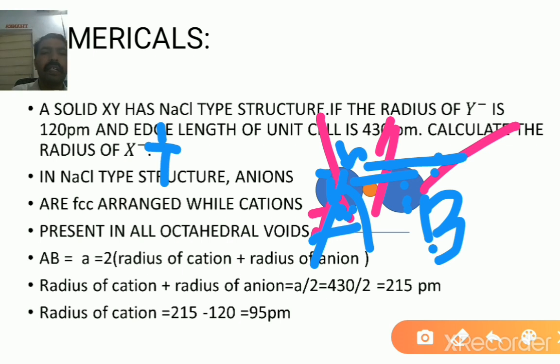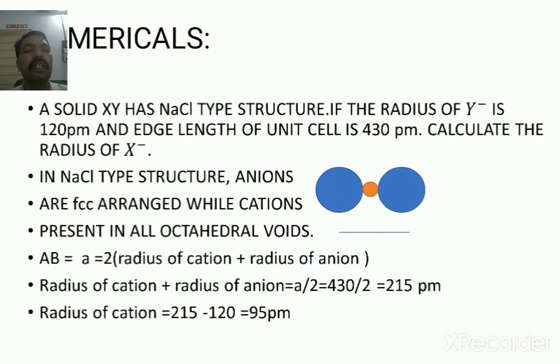Radius of cation plus radius of anion is equal to 215 picometer, so radius of cation is equal to 215 minus radius of anion. In the question, the radius of anion is already given as 120. 215 minus 120 is equal to 95 picometer, which is the radius of the cation.